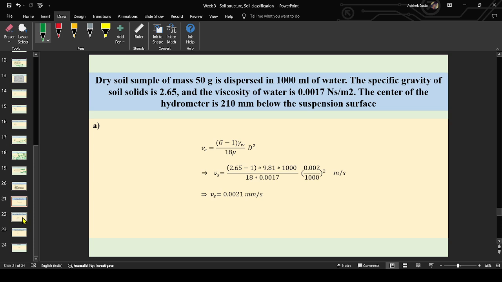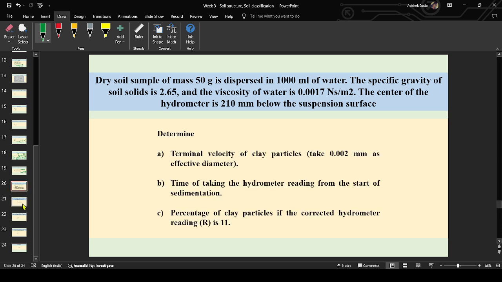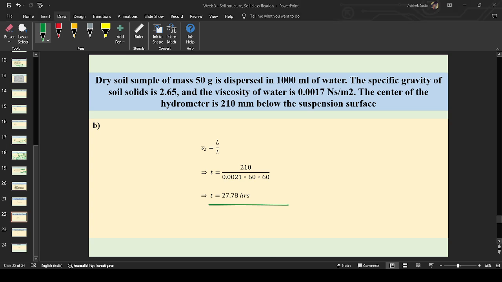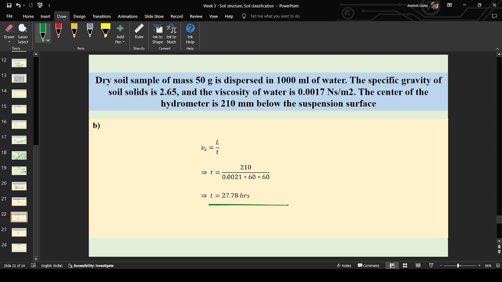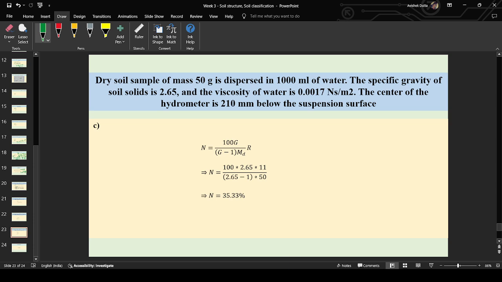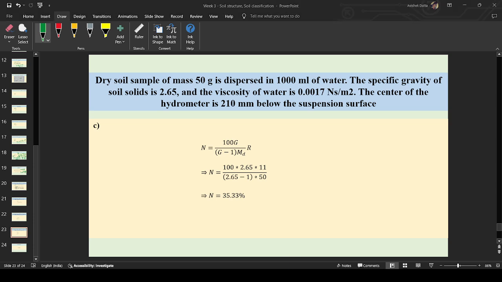In the second part, we are asked to find the time of taking the hydrometer reading, time equals distance traversed divided by the terminal velocity, where L, the distance traversed, equals 210 millimeter from the suspension surface to the center of the hydrometer. The time we get in hours is 27.78 hours. Next, the percentage of clay particles for the corrected hydrometer reading of 11.